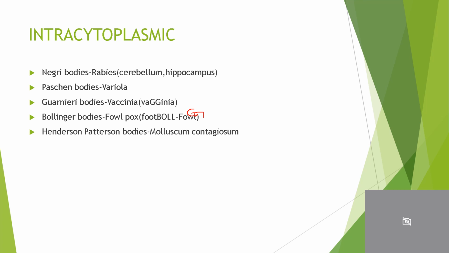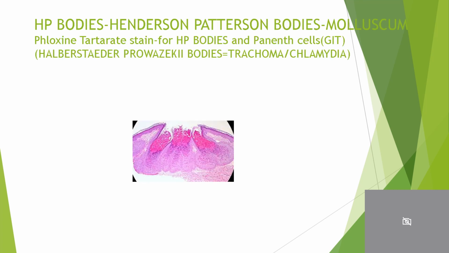Now these are most important. They are found in Molluscum contagiosum. Okay. Now these are the HP bodies, Henderson Patterson bodies, which are found in Molluscum. And now do not confuse them with the Halberstaedter Prowazek bodies which are found in trachoma or the chlamydial infections. Do not.